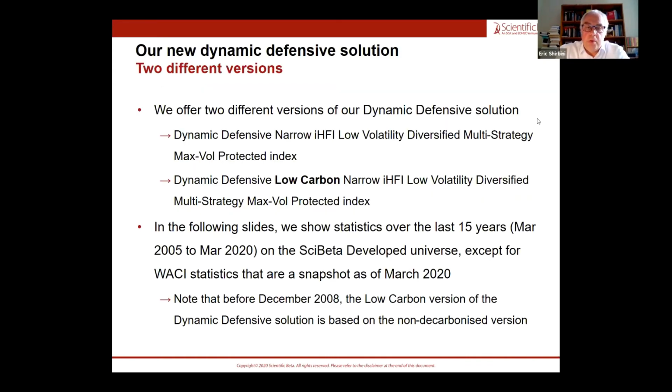So in the next few slides we will look at 2 versions of this dynamic defensive strategy. One version is without the carbon filter and one includes the low carbon filter. Other than the carbon filter, the 2 strategies are pretty much the same. They're constructed using exactly the same methodology. So we'll look at one with and one without the carbon filter.